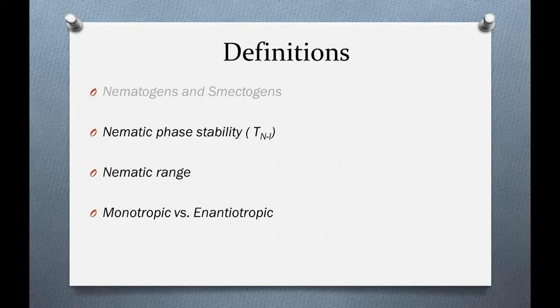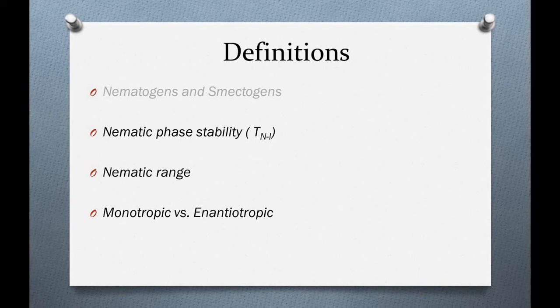Okay, so these are two important measures of seeing how good a particular nematogen is, how good your nematic materials are for industry application. So here one striking difference I must point out is that the tendency of many materials is to supercool before they recrystallize, and that enables the nematic phase to be exhibited as a metastable state below the melting point.